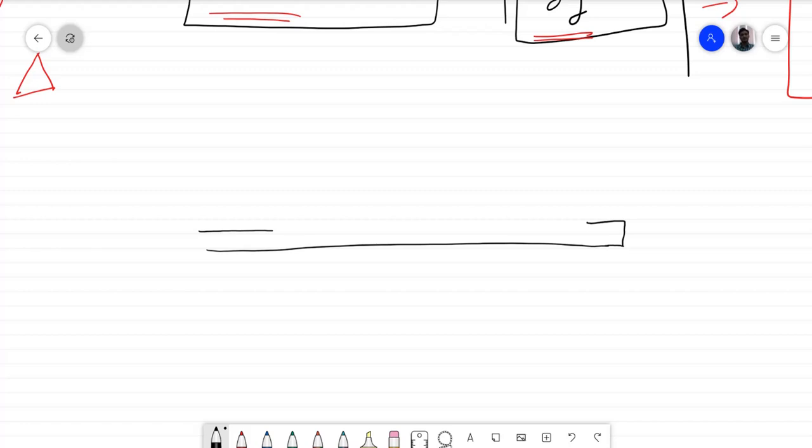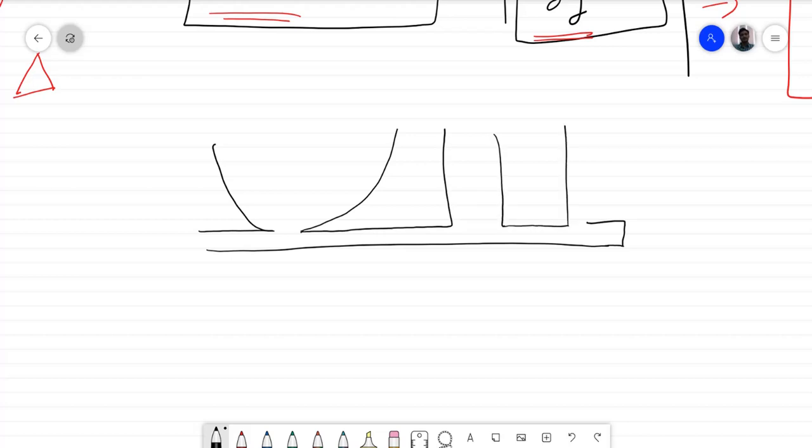This pipeline is connected to various tanks of different shapes and sizes. Let's say the first tank looks like that, the second tank looks like this, and the third tank looks like that.